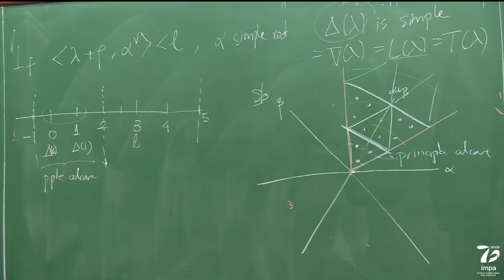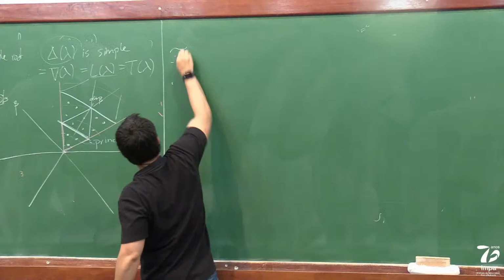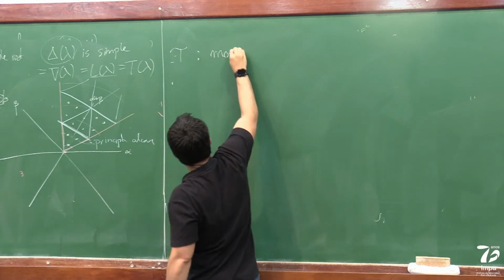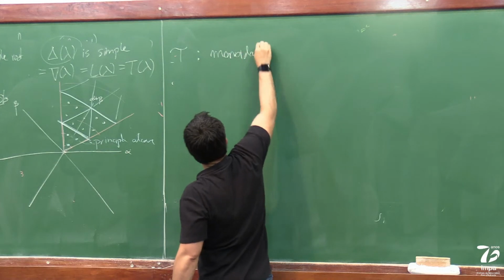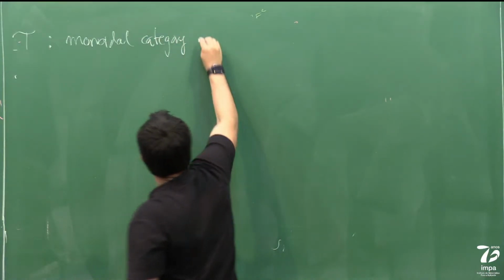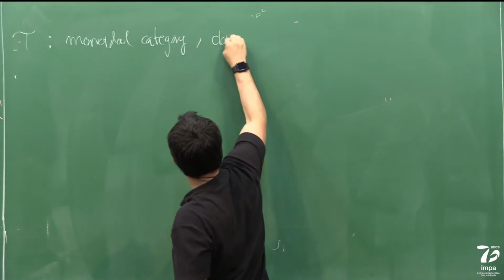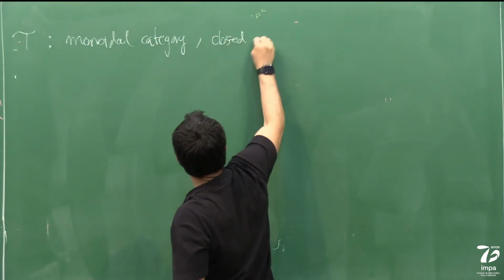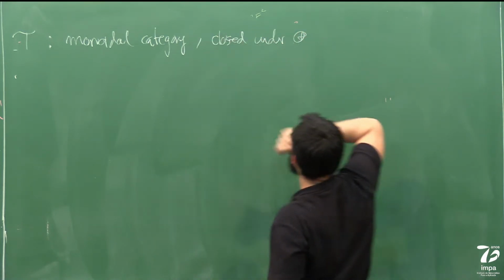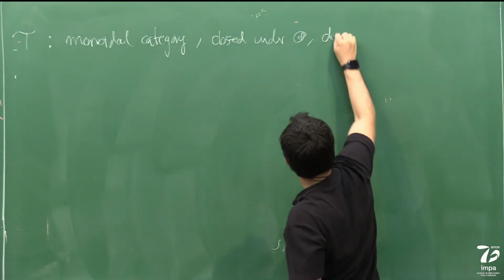So this category T is a monoidal category. It is closed under direct sums, tensor products, it is monoidal, and duals.